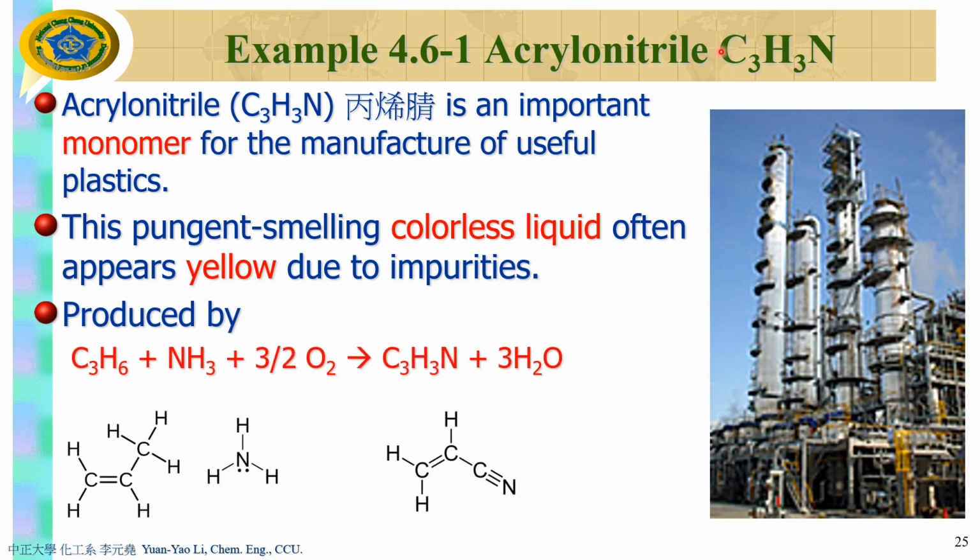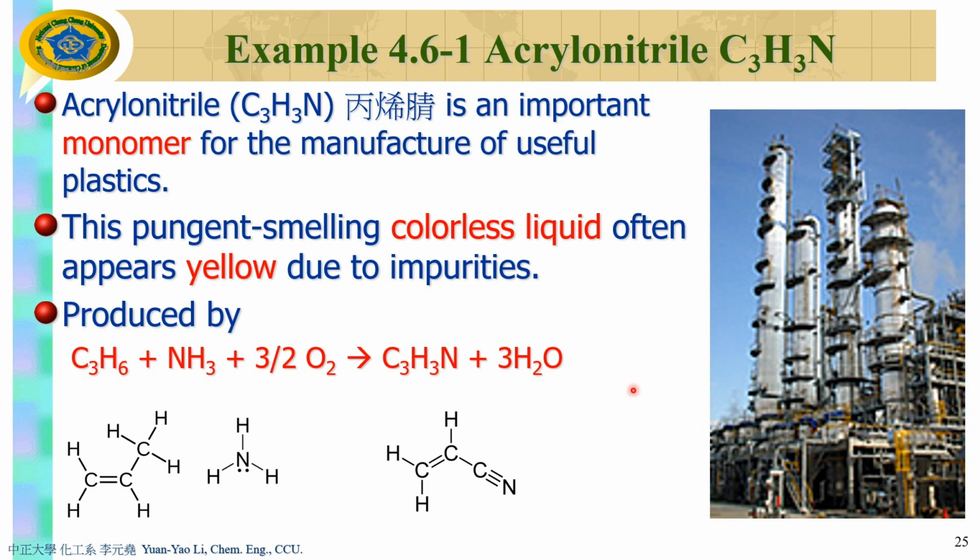In order to produce it, you need C3H6 and ammonia. Ammonia can be made from nitrogen and hydrogen, right? Where can you get this from? From crude oil. Remember, we have fractional distillation. The fractional distillation column will produce this, and with oxygen, you can produce acrylonitrile.